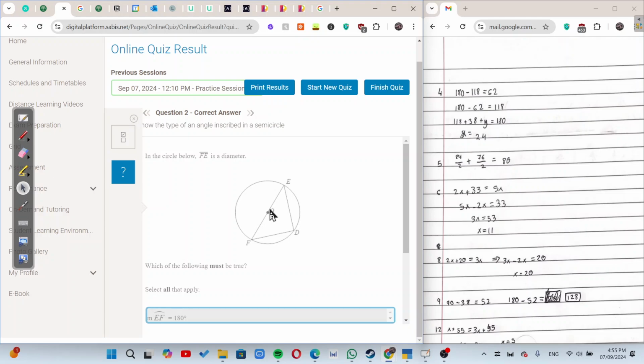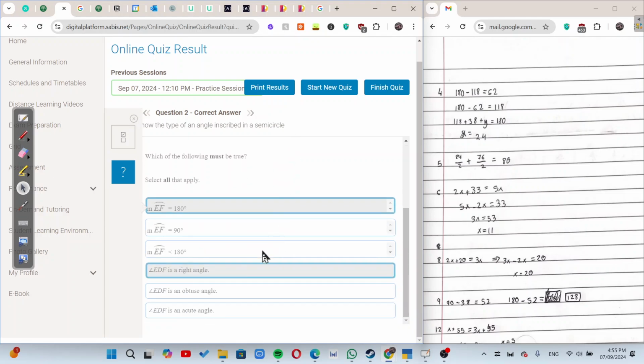So this angle, EDF, since it's an inscribed angle, has to be half of whatever this angle is. So if this is 180, half of it is 90. See, 90 means it's a right angle, so that's your option. The rest are wrong.